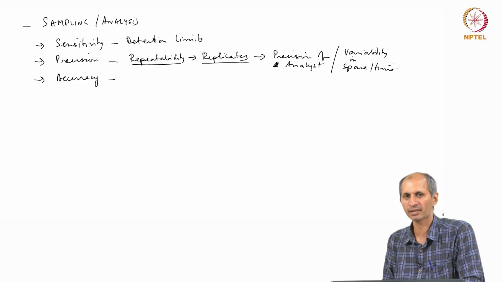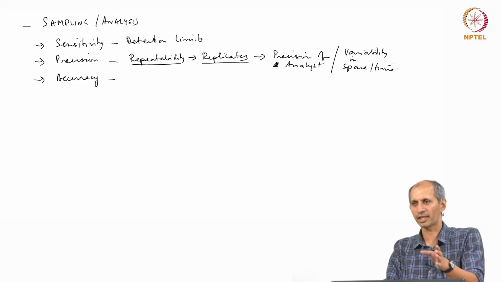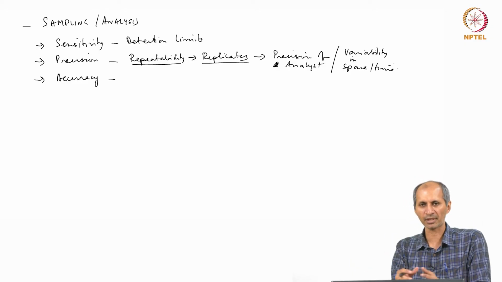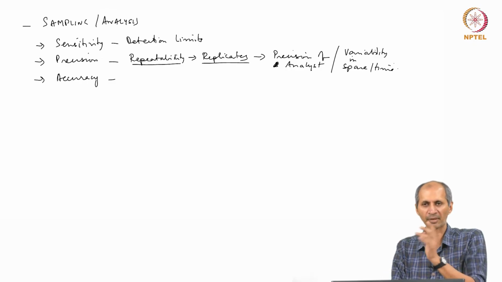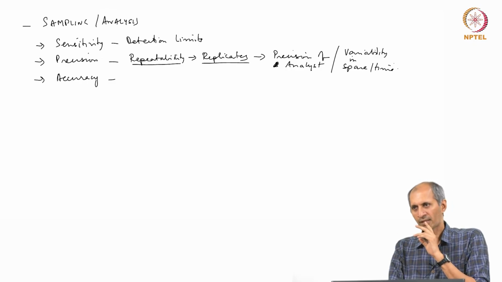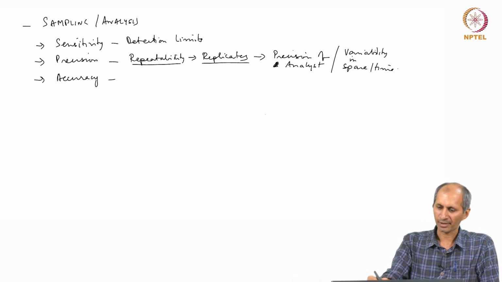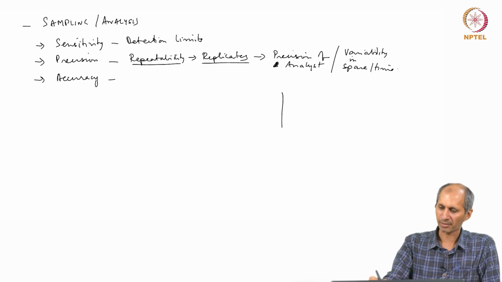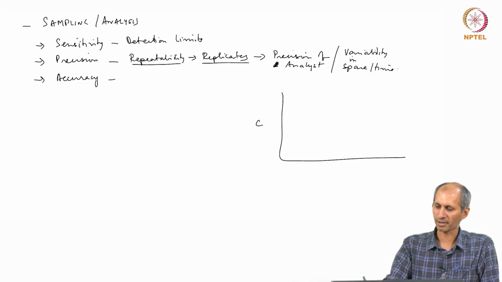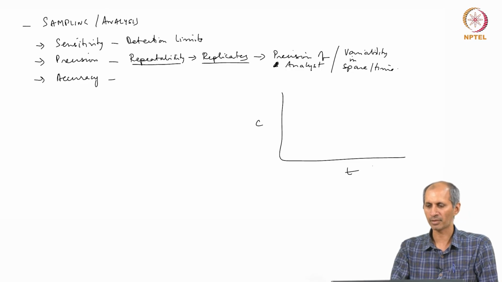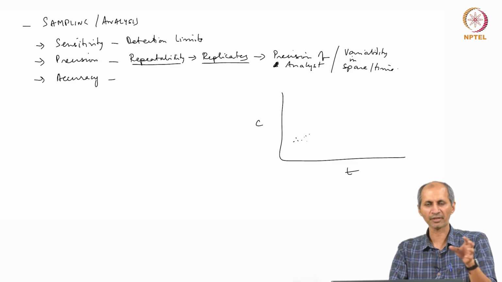If you are interested in looking at whether it is changing with time, you do not expect the sample to be different spatially, but you think that something is happening with time. Let me give you an example. Suppose you are doing a concentration versus time measurement. I measure the sample at some time, so I will go in and measure every half an hour.